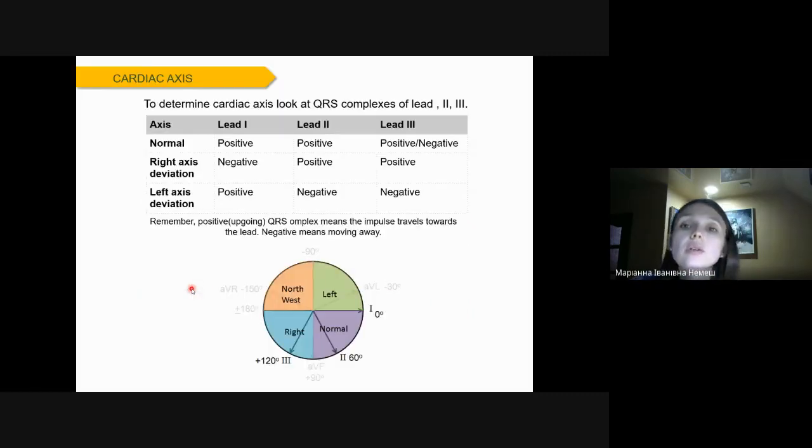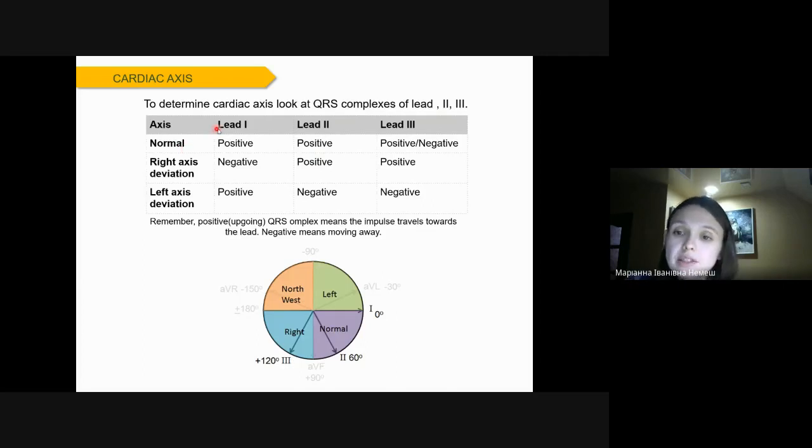So now let us talk about the cardiac axis. To determine cardiac axis, you should look at the QRS complex on the first, second, and third standard leads. If in the first lead you have a positive QRS complex, and the same in the second and the third lead, you will say that the cardiac axis is normal.